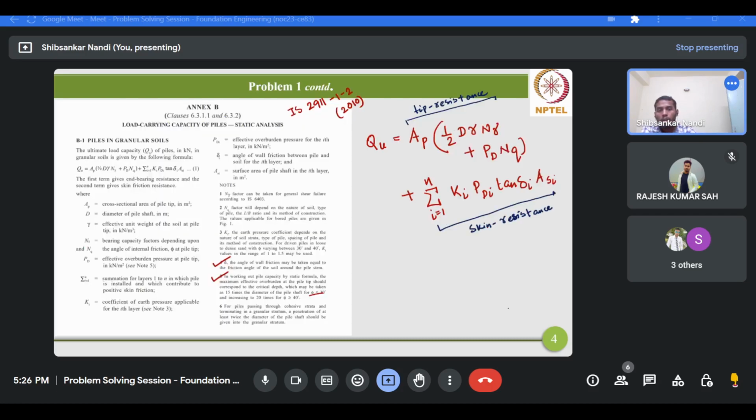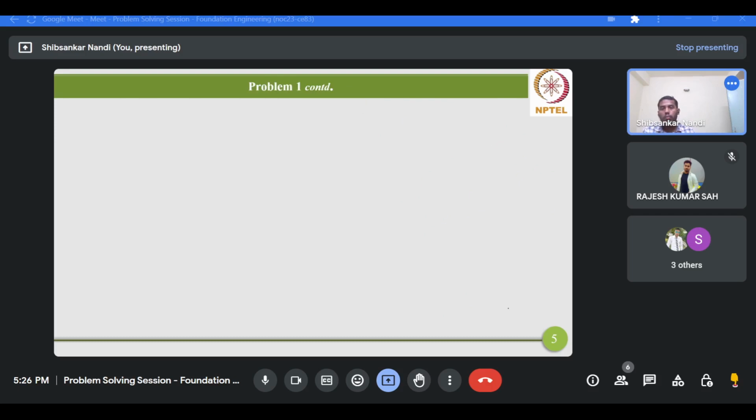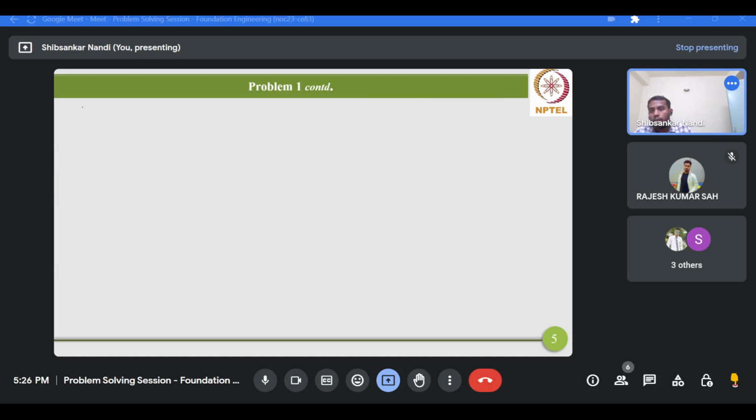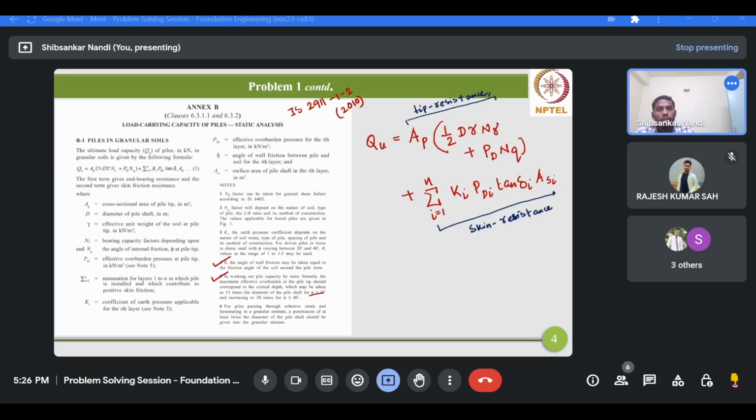Now we'll start solving this problem by calculating the individual components, that is the ultimate pile tip resistance and the ultimate skin friction resistance. For calculating the tip resistance, the first component, you can denote it as QPU, and this is QS.